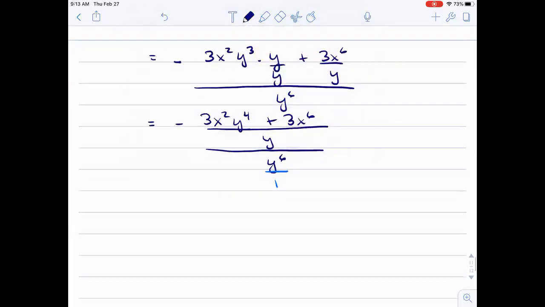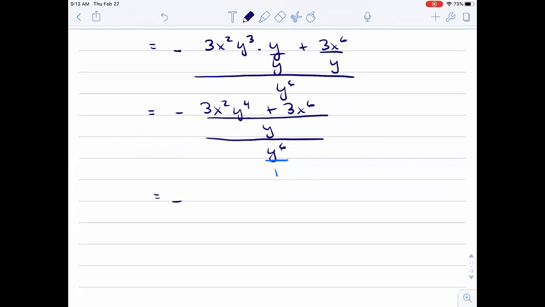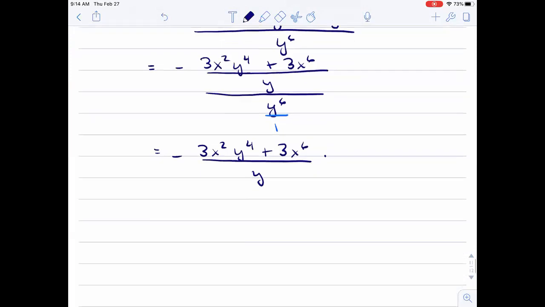So now I can say that's negative 3x squared y to the fourth plus 3x to the sixth over y, times 1 over y to the sixth. Y times y to the sixth is y to the seventh.